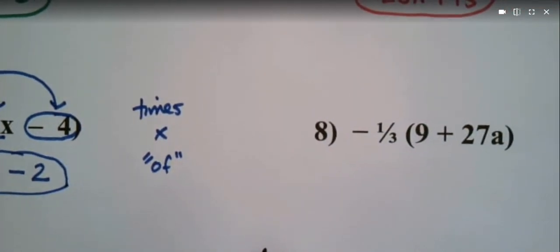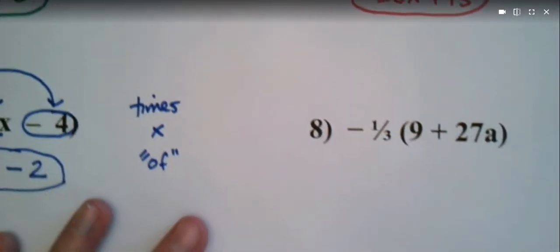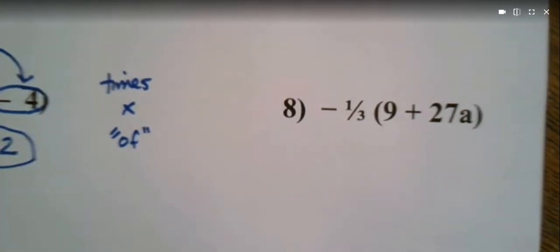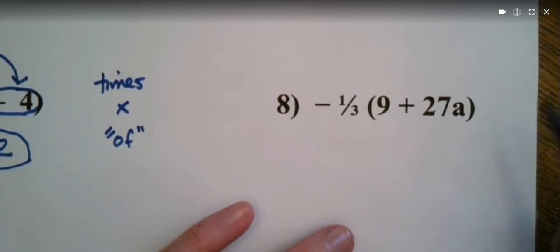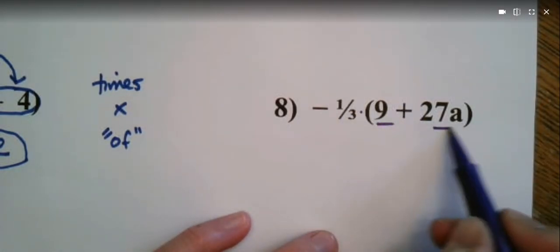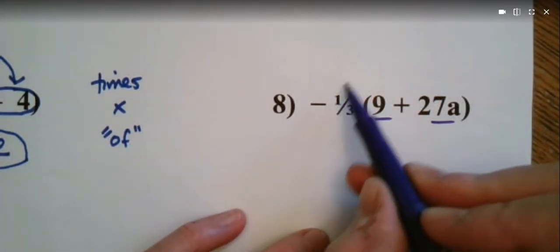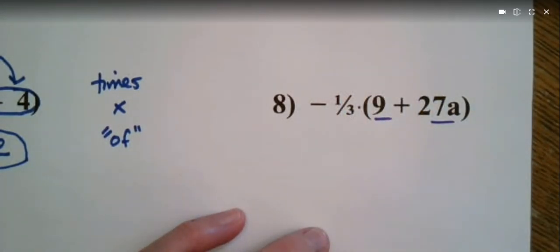All right, let's go over to this one. Now it's a fraction again, but this time it's a negative fraction. So now I'm going to multiply negative 1/3 times each of the terms inside the parentheses. Remember, this is your mama bird, and you've got 2 little baby birds in here.